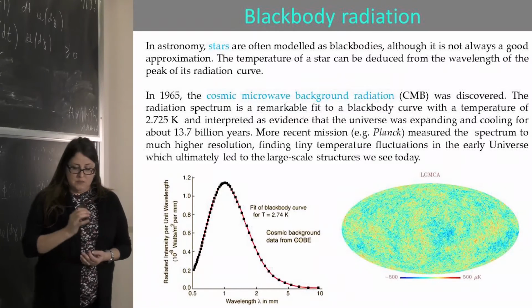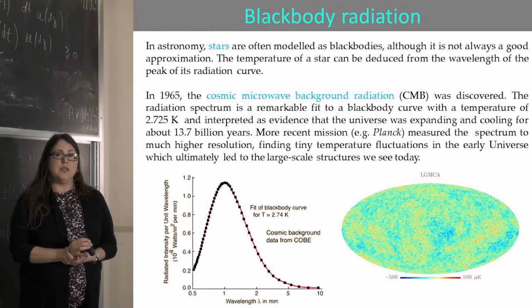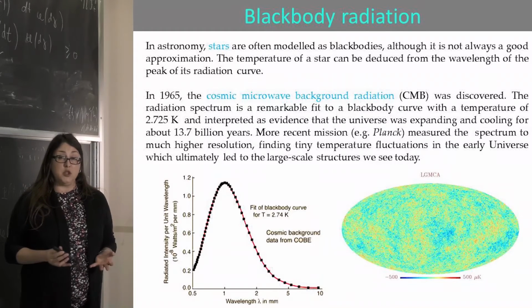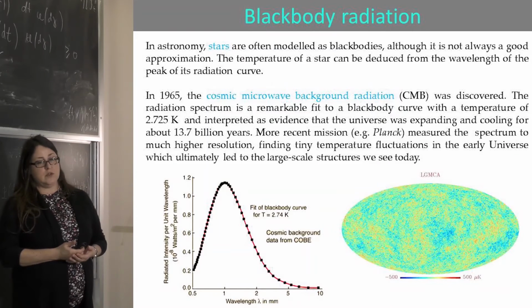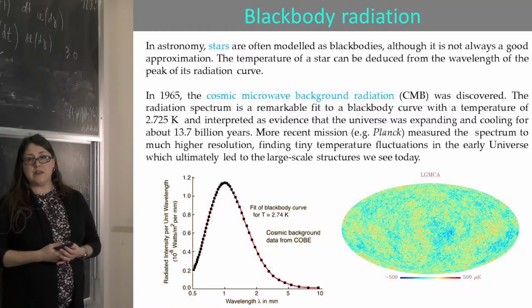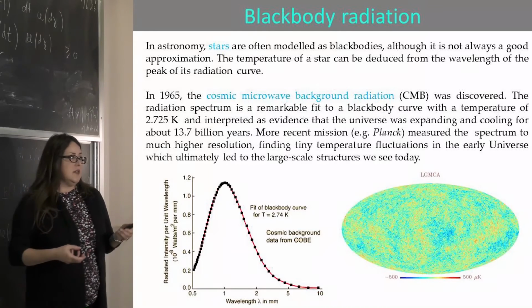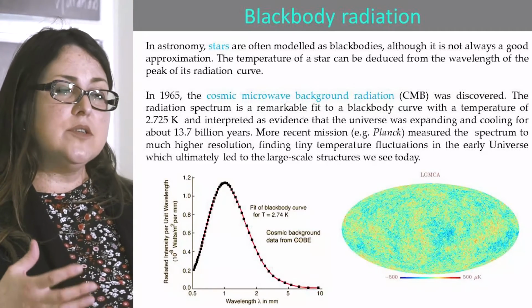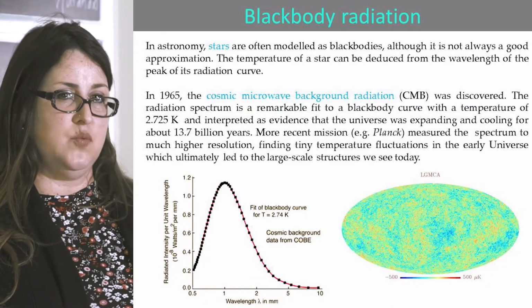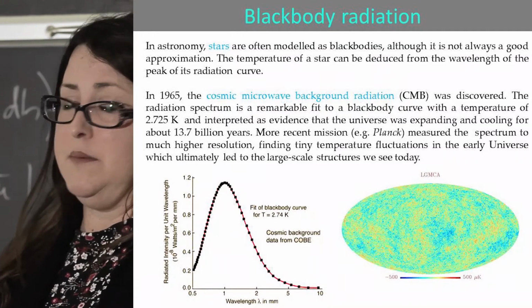But without any doubt, the most perfect example of a black body spectrum that we find in nature is the spectrum of the cosmic microwave background radiation, which is the relic radiation from the Big Bang. There was a time when the universe was very hot and dense, in which the radiation was coupled with matter, and so it was in thermal equilibrium with matter.